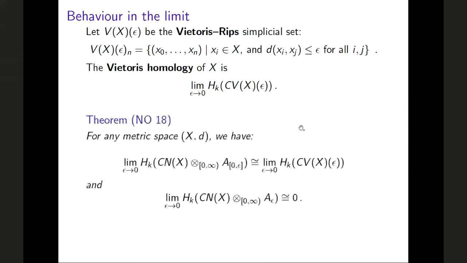And one can then relate this to the blurred magnitude homology. So we have that in the limit, as epsilon goes to 0, the blurred magnitude homology is Vietoris homology.